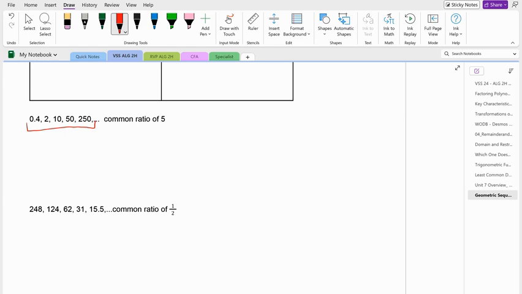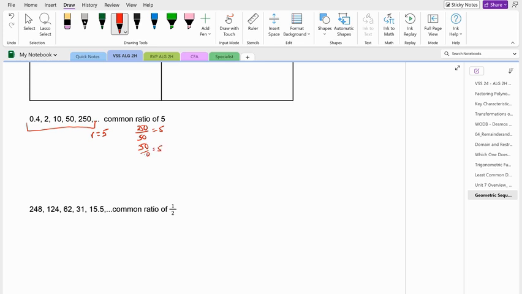Instead of giving you all of the terms of a sequence, a question might say, what is the formula for the sequence given all of these terms? If they give you the terms, then you go through the work of testing what is the common ratio, and you would say, okay, I know that r is equal to 5, and you could prove that, right?